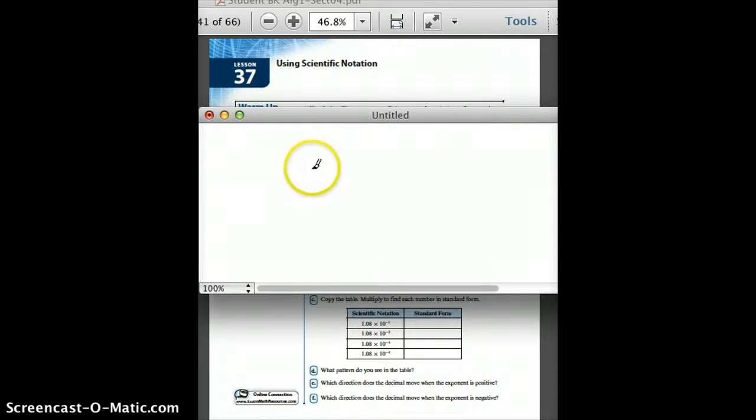Okay, we have 1.08, this is a decimal, times 10 to the negative 1. Now before, I don't know if you realize that with the positive we moved it to the right. On these we actually move it to the left. So this becomes, in standard form, 0.108. Okay, what about the next one?